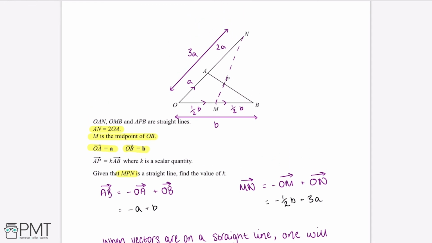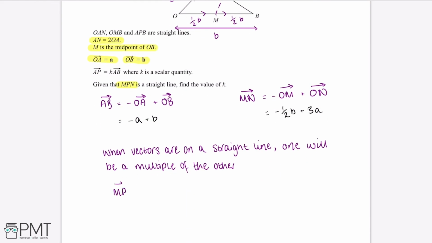Because MN and MP are both on the same line, MP will be equal to x multiplied by MN. And we worked out that MN was equal to negative a half b plus 3a. So therefore MP is equal to x multiplied by (negative a half b plus 3a).